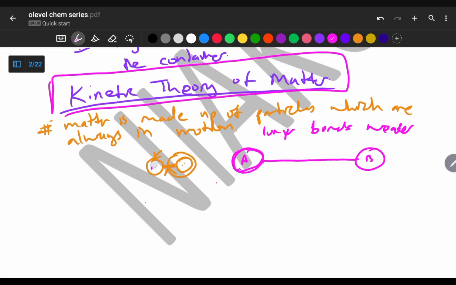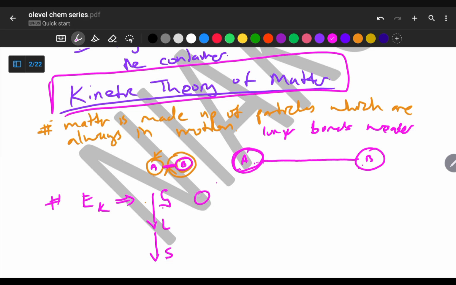But for this one, A and B, because of this shorter bond which is stronger, A is going to be more attached to B compared to this one, right? So the kinetic theory of matter states that kinetic energy is higher in the gases, and then decreases in the liquids, and then lastly in the solids.